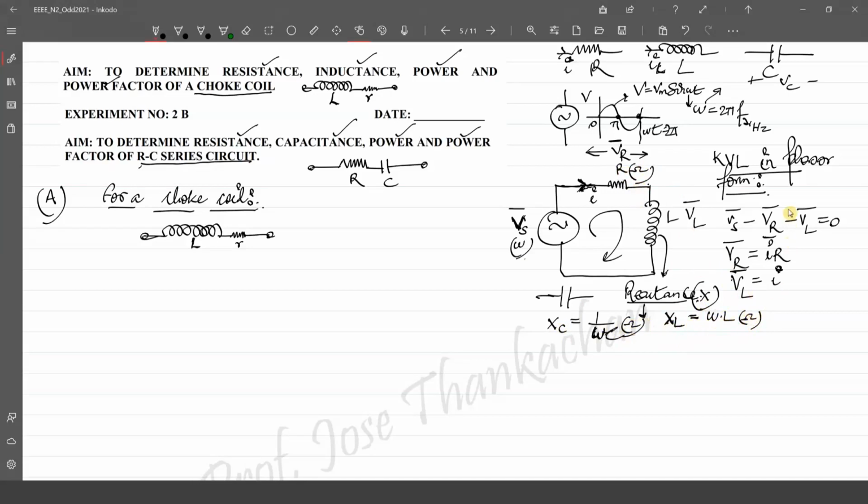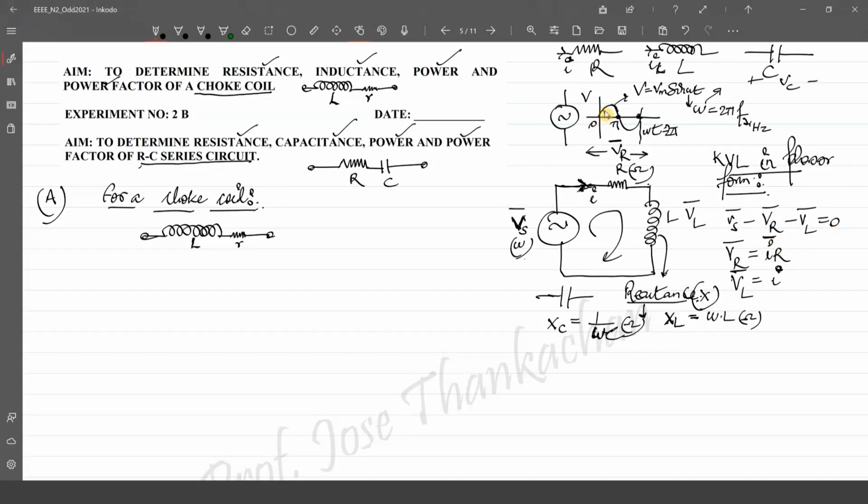Now, since we are writing all these equations in phasor form, meaning there is a direction, it is equivalent to a vector in mathematics. So it will represent a magnitude and also some angle. That angle will tell you the instant at which that quantity is, because the sinusoidal signal varies like this.